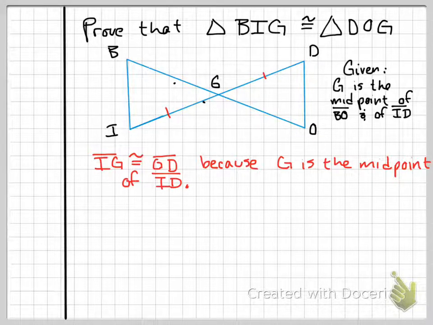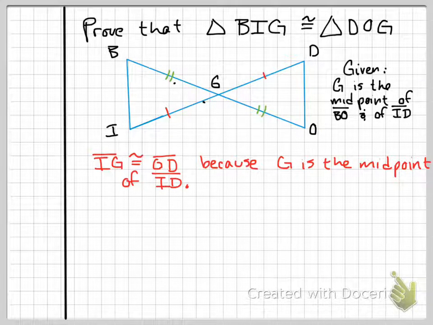Now I'm going to look back and I'm going to see, is there anything else? Well, it says that G is also the midpoint of BO. So when I look at BO, that tells me that G divides BO evenly.